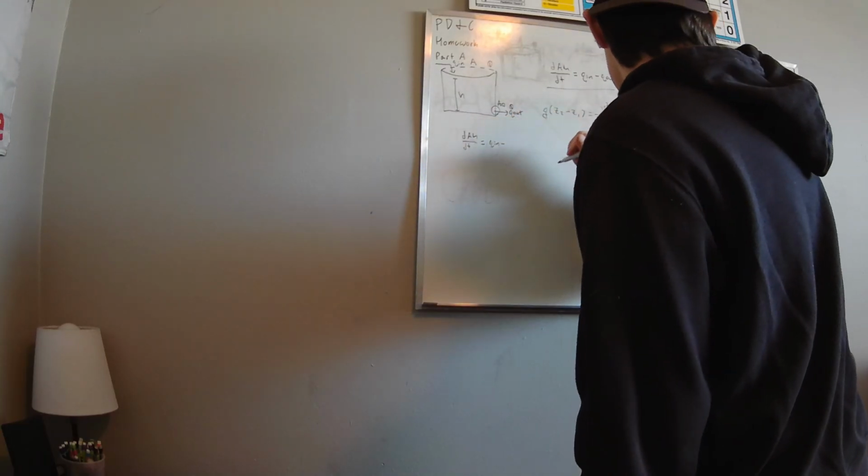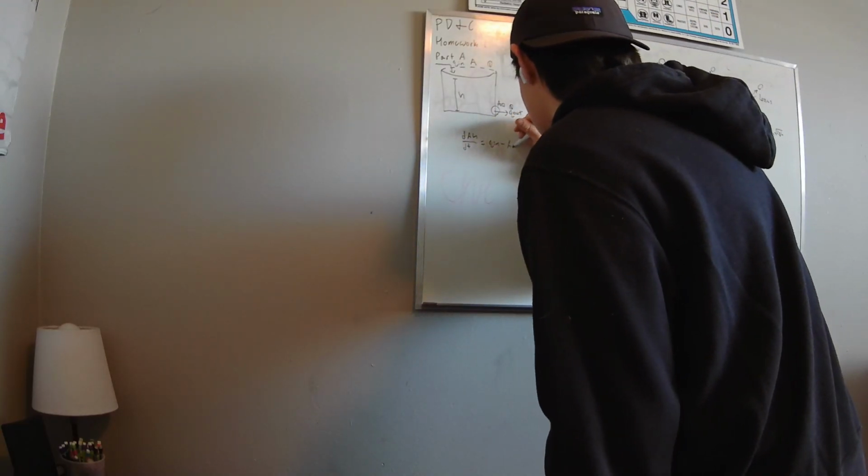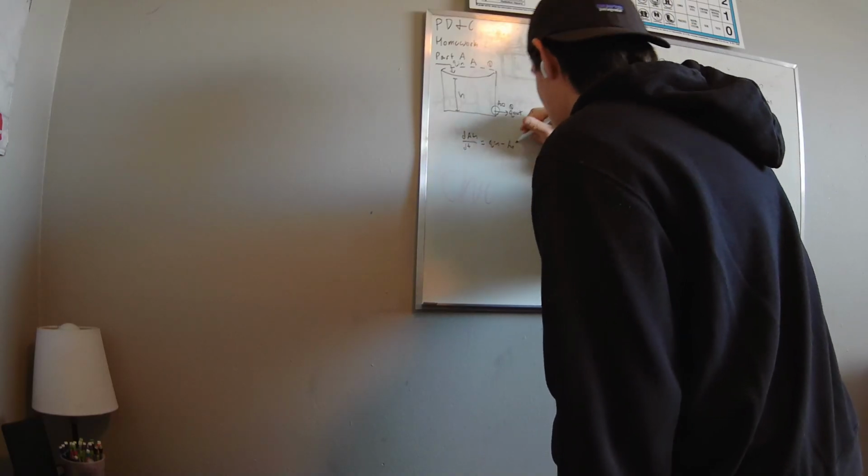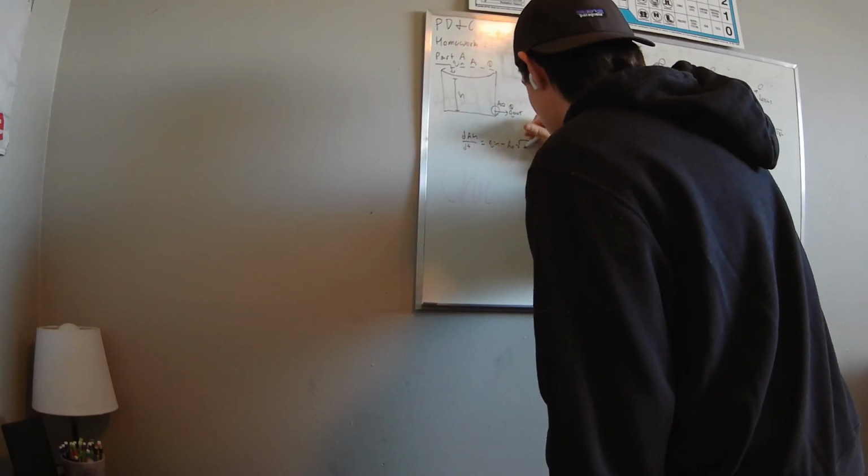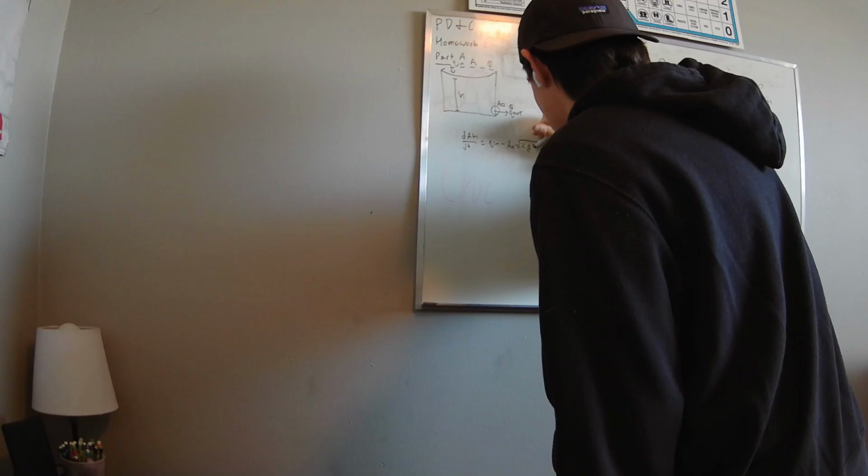minus area out times the square root of 2GH. Alrighty.